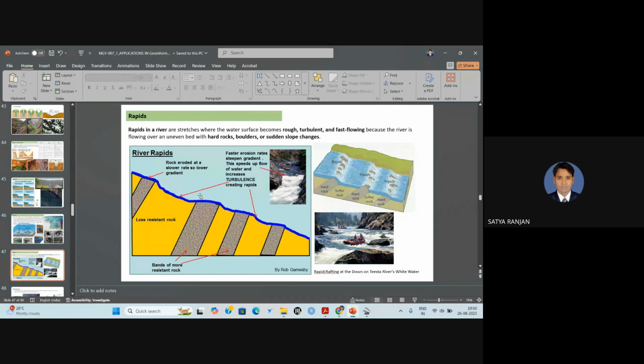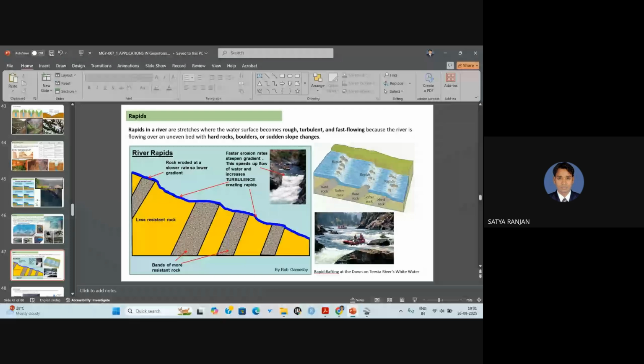So this is the picture. There's a hard rock and soft rock. It is also the concept of hard rock, because when the less resistant rock is there, then erosion is present. When the high resistance rock is there, there's no erosion. So it is like steps in the buildings.